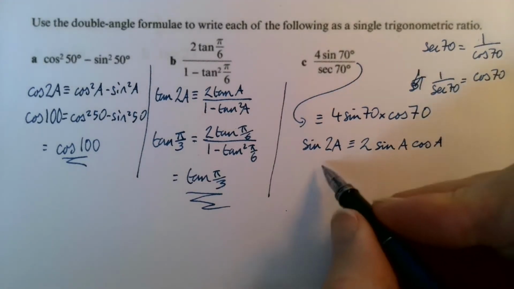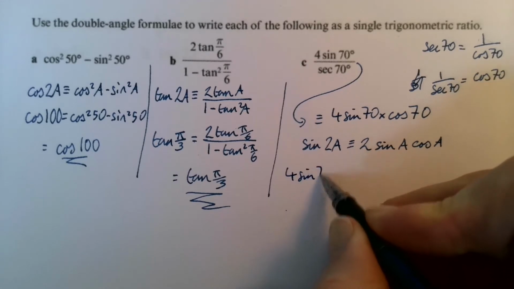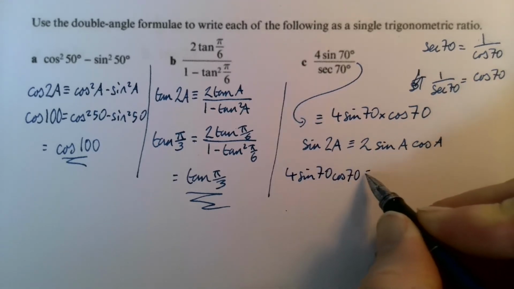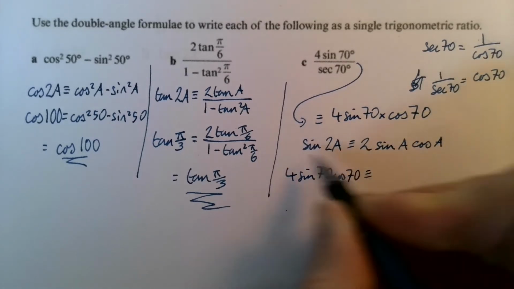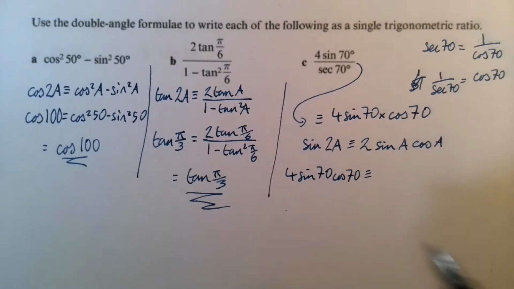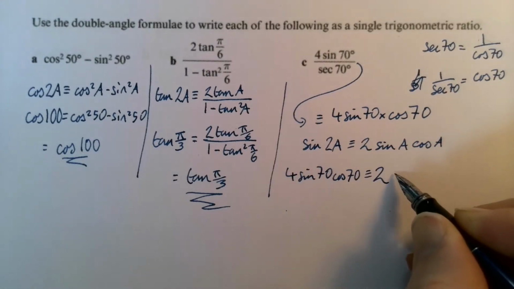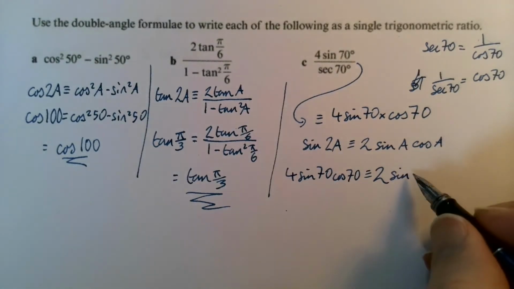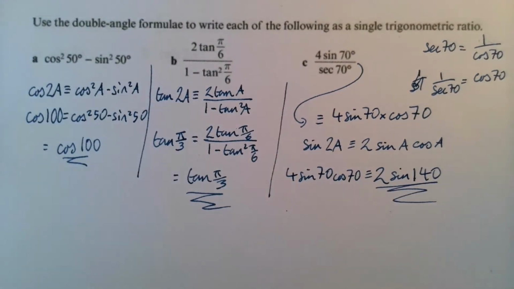So we will have 4 sine 70 cos 70. It's going to be twice the amount. So if I had 4 sine a cos a, that would be the same as 2 sine 2a, wouldn't it? My a in this case is 70, so 2 sine 140.